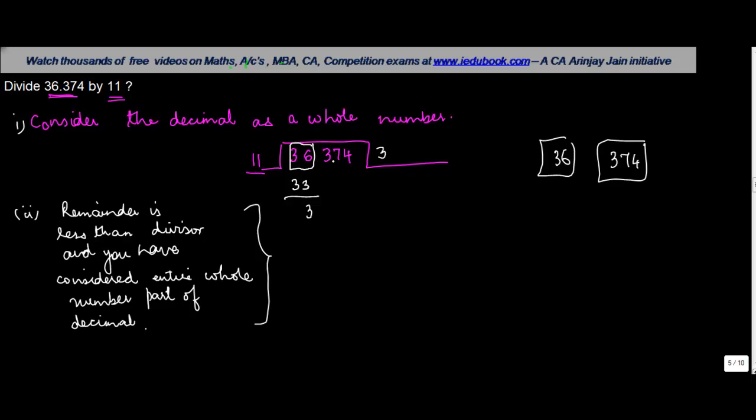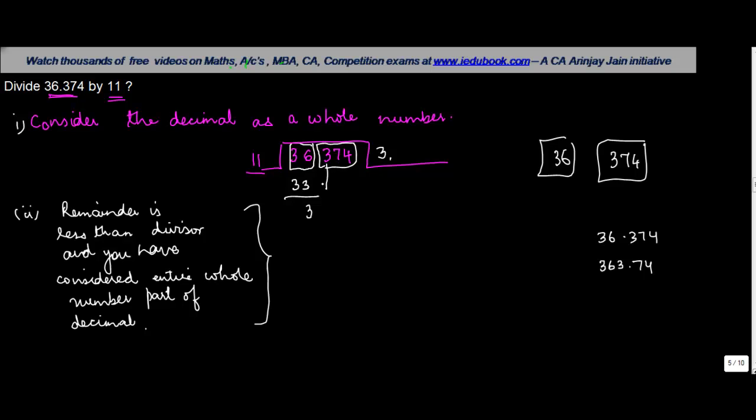Had it been 363.74 instead of 36.374, I would have taken down this 3 over here, right? But that is not the case, so I stop here and put a decimal point in the quotient. Once that is done, then you are free to borrow from this part also.